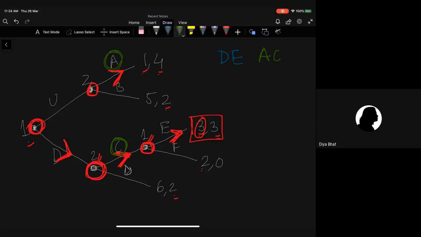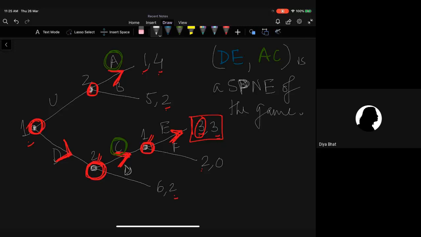So this is a subgame perfect Nash equilibrium of the game. Why? Because it satisfies backward induction.